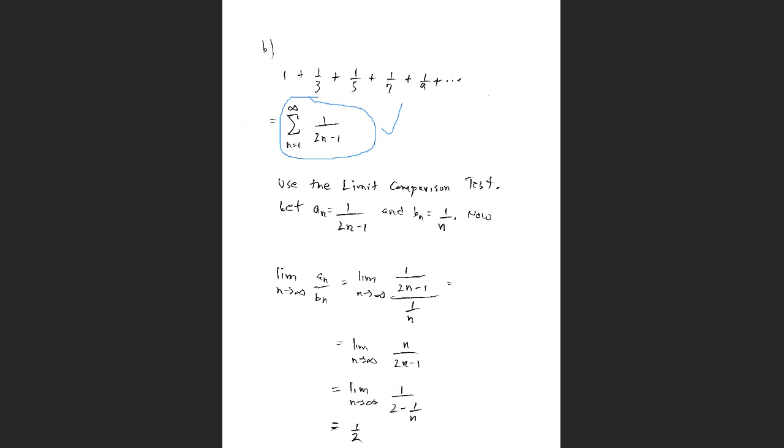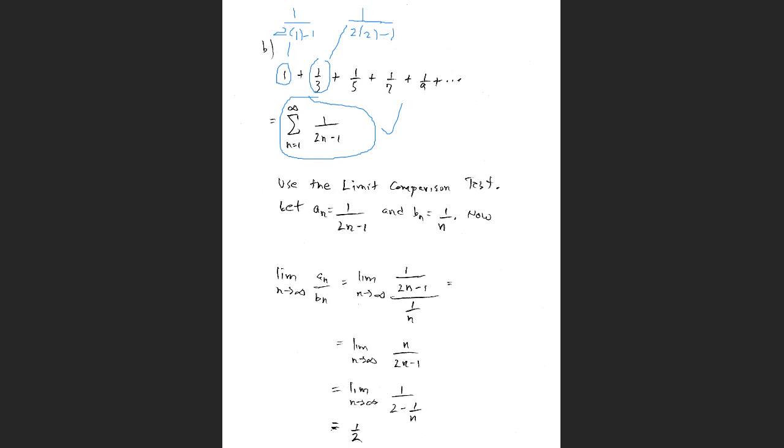Because 1 is the same as 1 over 2 times 1 minus 1. The third is the same as 1 divided by 2 times 2 minus 1.